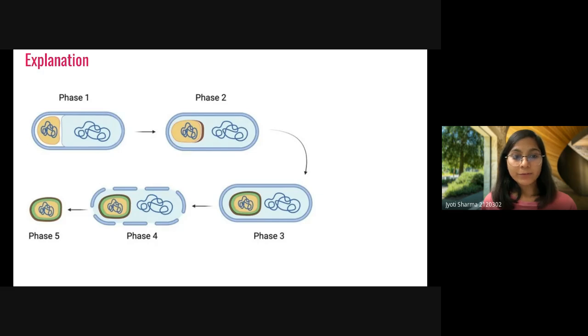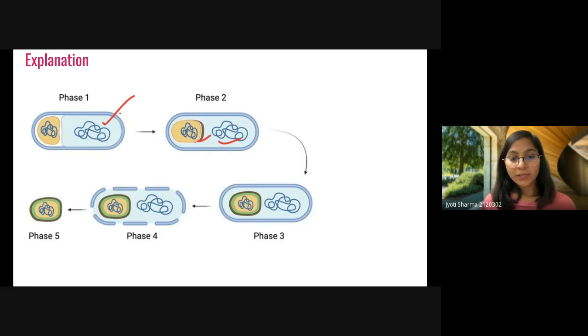So first you have to see what we mean by endospores. Most of the time they have the DNA or genetic material in the cytoplasm. So this is our bacteria, and in that cytoplasm we have the genetic material. Then this genetic material will copy. Then we have two genetic materials, and then what will happen?